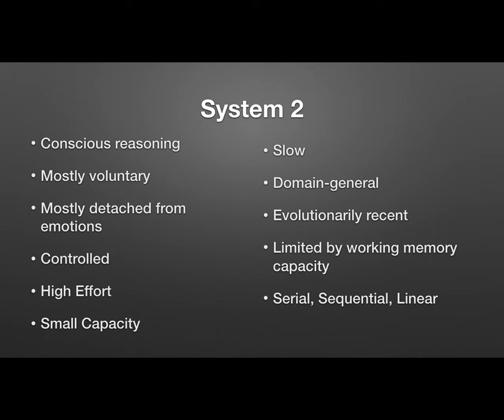This is obviously limited by your working memory, and it's very serial and sequential. You can't do two of these things at the same time, because it is in working memory. So this is pretty much any kind of conscious reasoning.